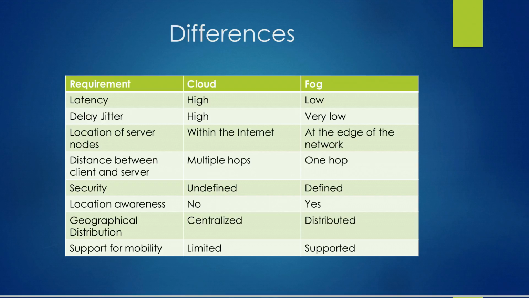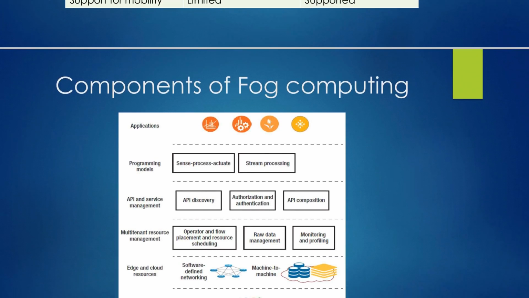When we talk about security, it's undefined in cloud, and in fog it's defined. Location awareness: we don't have any in cloud, but in fog, yes, we do. The geographical distribution of cloud is centralized and fog is distributed. Cloud provides limited support for mobility, but fog supports mobility.